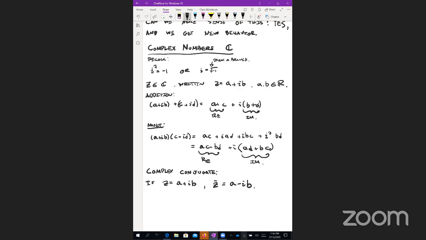And so importantly, z times z bar is equal to a squared plus b squared, plus i(ab minus ba), which is 0. So this is a real number. If we multiply a complex number by its conjugate, then we'll always get a real number.